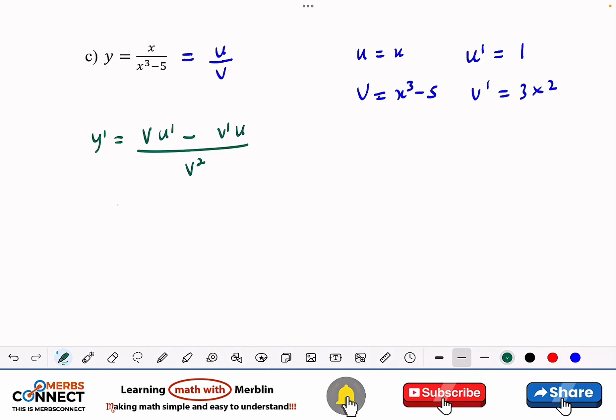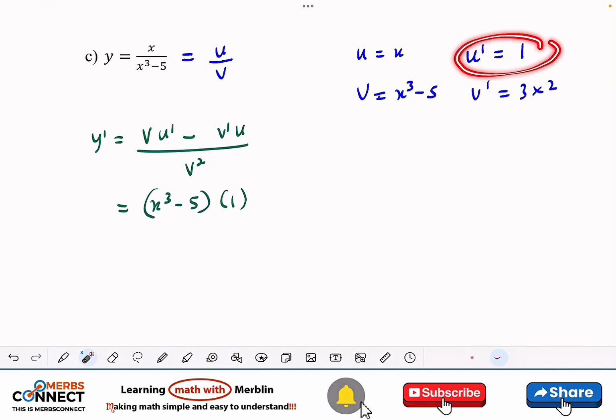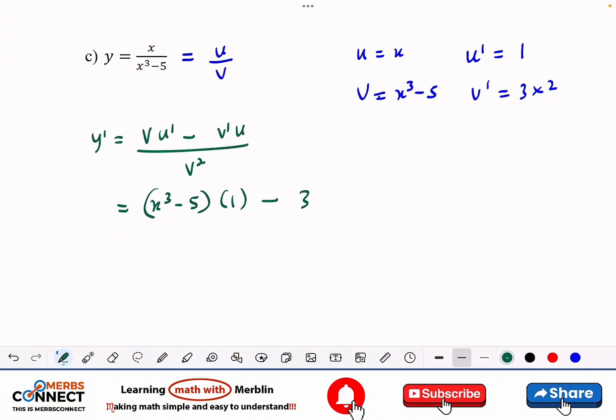Now let's do substitution. What is v? v is this. So x to the power 3 minus 5. u prime is 1 here. Minus v prime is 3x squared, which is here, times u, which is x.